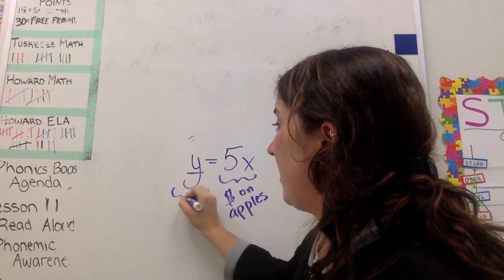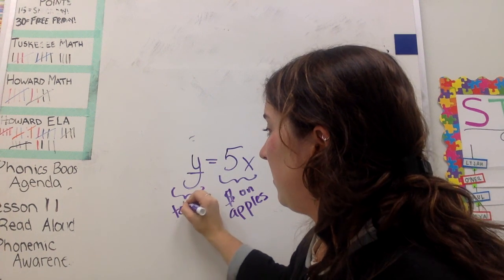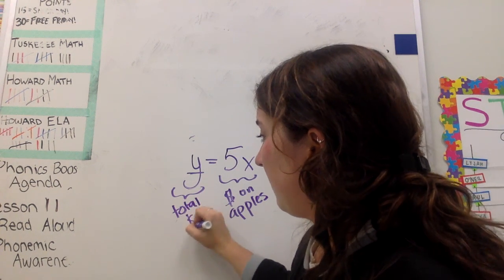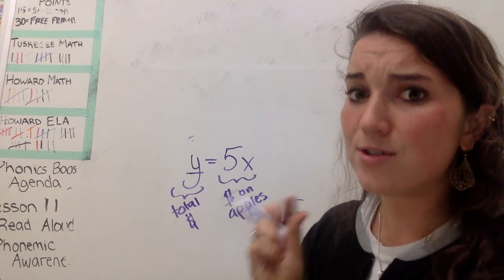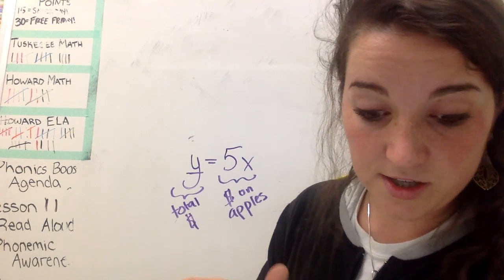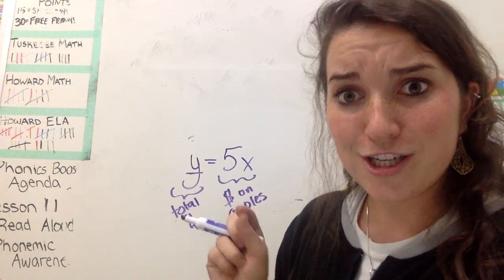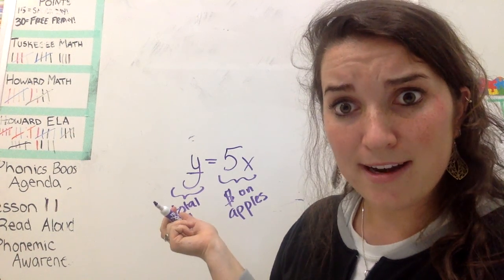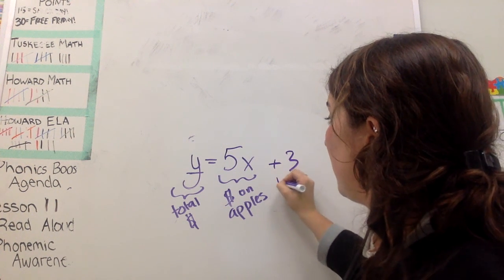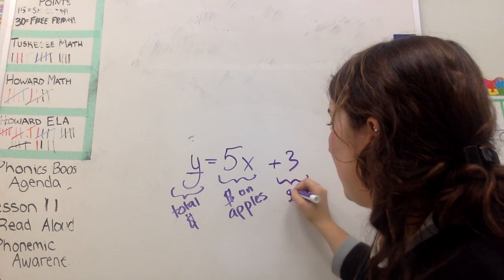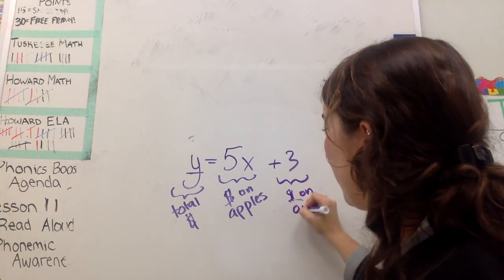And Y right here is the total money. But he didn't just buy apples, he also spent a certain amount of money on an orange. And it says right here that each orange costs $3 and he just bought one. So that's just going to add $3. This is money on oranges.